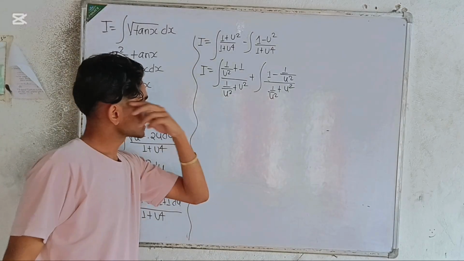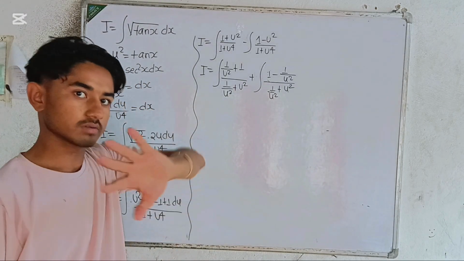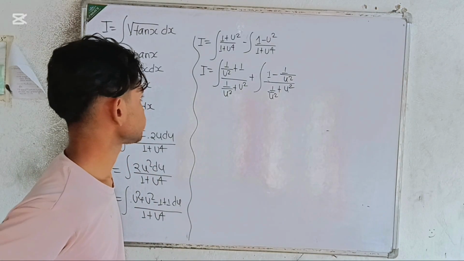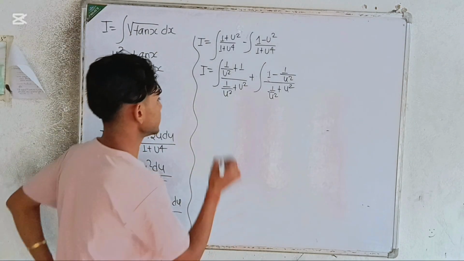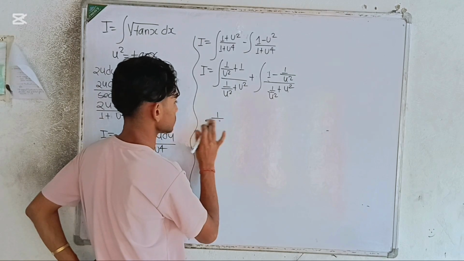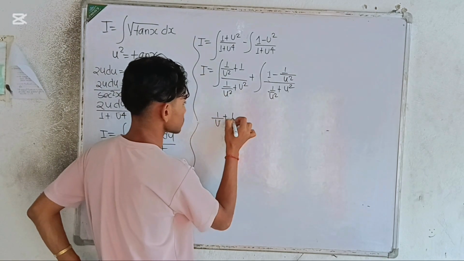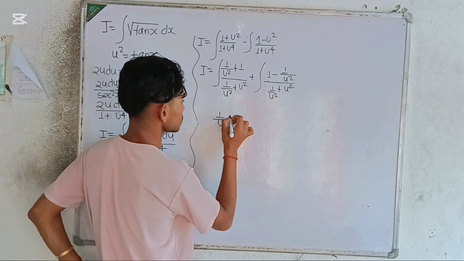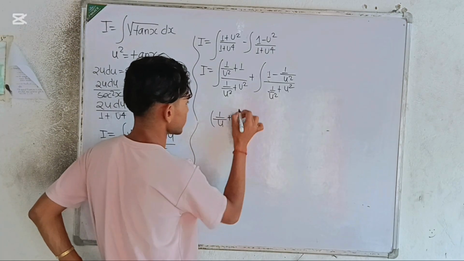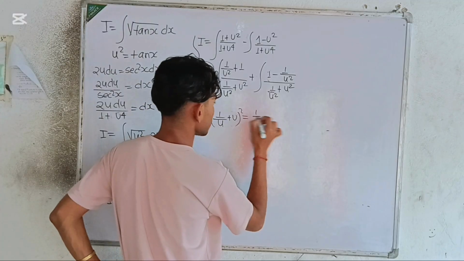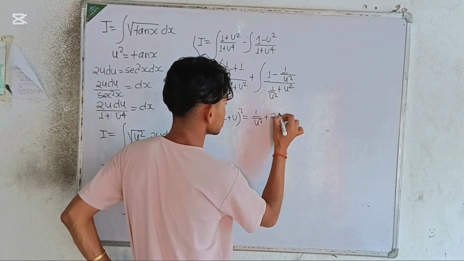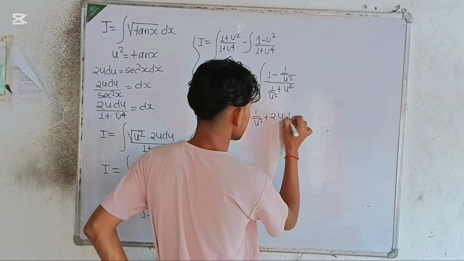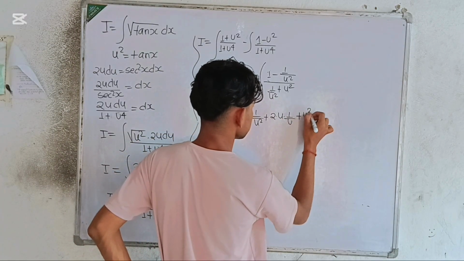So how can we replace these things with other factors? Now we have to replace these expressions with some satisfying condition, right? So you can see 1 over u plus u squared is 1 over u squared plus 2 plus u squared.